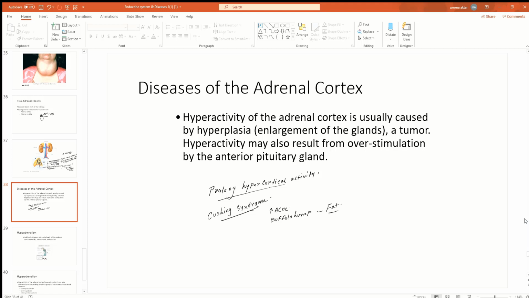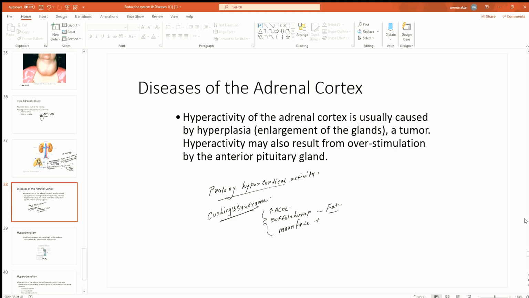And another thing that happens is called moon face. So the person's face looks round due to fat accumulation. Okay, so these are three common symptoms of Cushing's syndrome, and that occurs due to prolonged hyperactivity of the adrenal cortex.